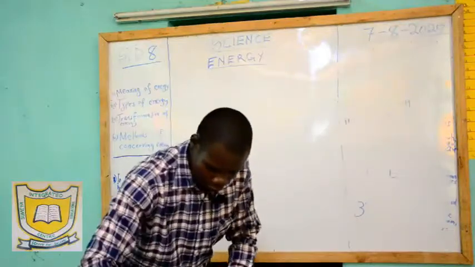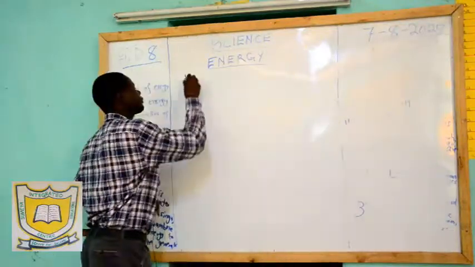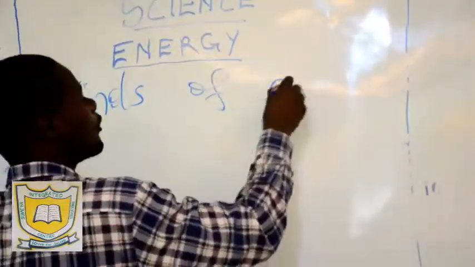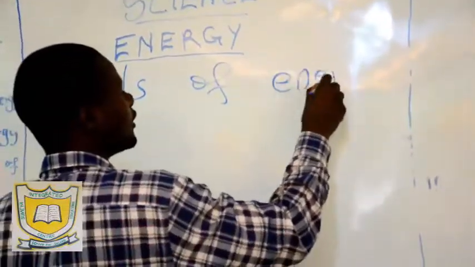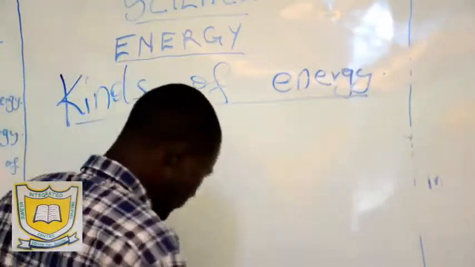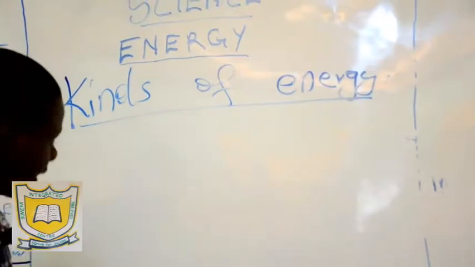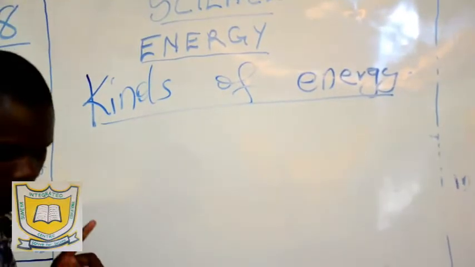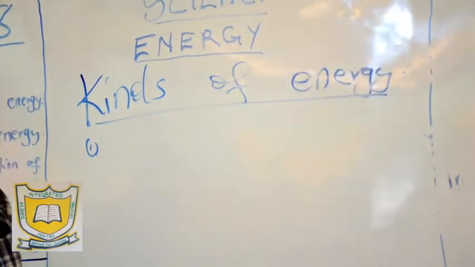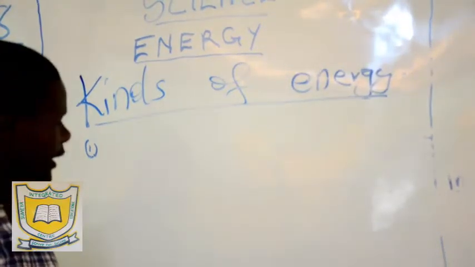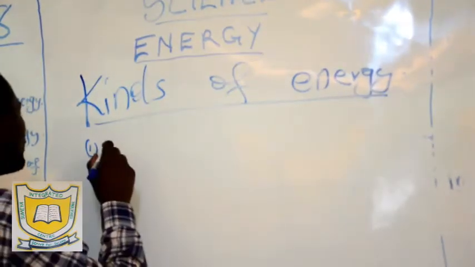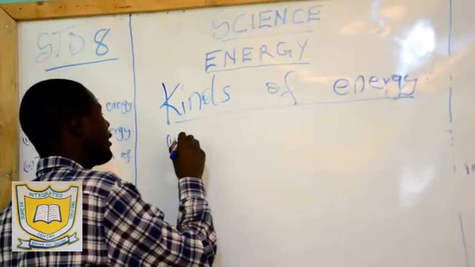Kinds of energy. Mainly we have 2 kinds of energy. The first one, energy stored in rest objects.